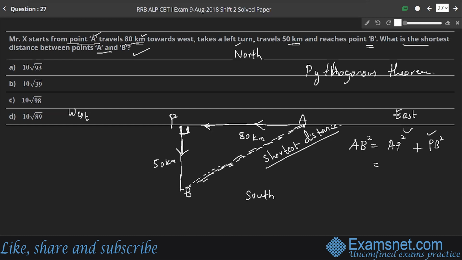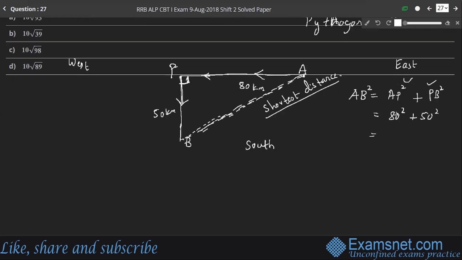Therefore, AB square is AP square, that is 80 square, plus 50 square. So 80 square is, since 8 square is 64, so 2 zeros, 6,400, and 50 square is 2,500, right? So AB square is 6,400 plus 2,500, which is 8,900.